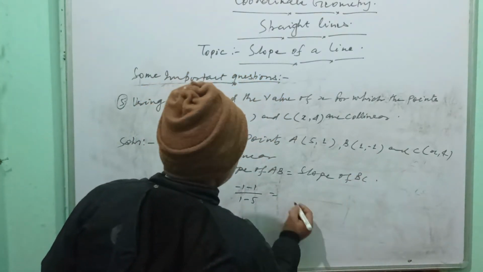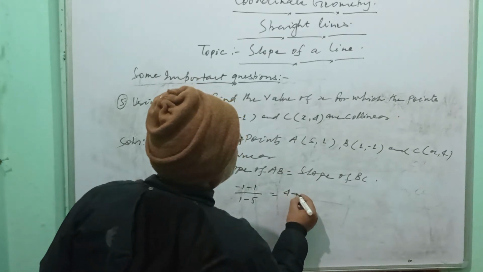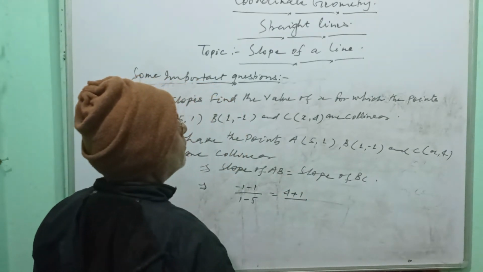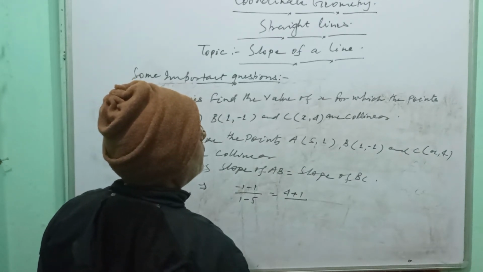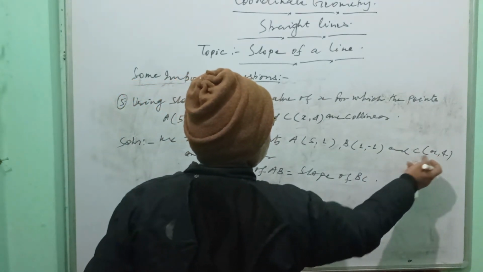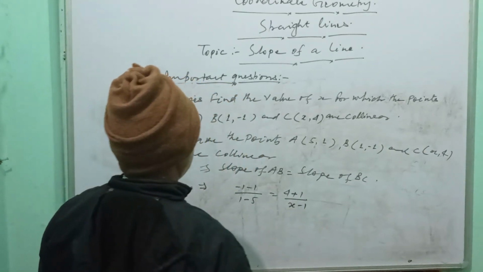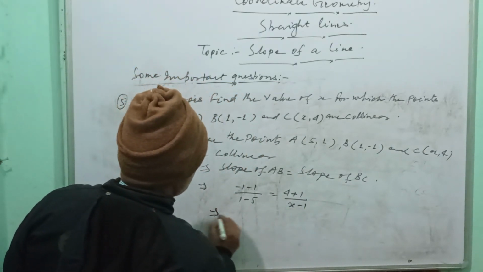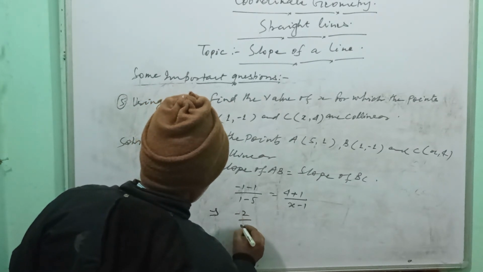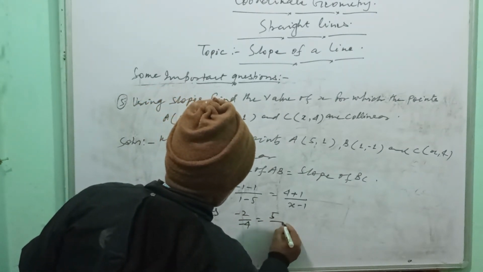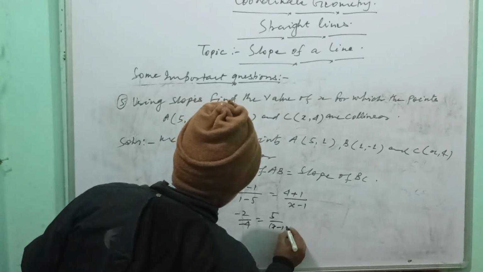Then y2 minus y1 means 4 minus minus, plus 1, by x2 minus x1, means x minus 1. This implies minus 2 by minus 4 is equal to 5 by x minus 1.